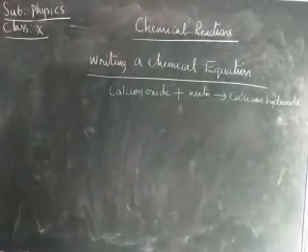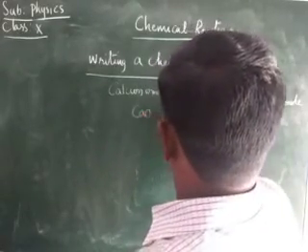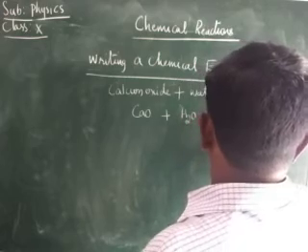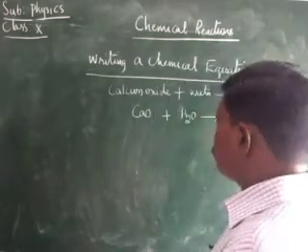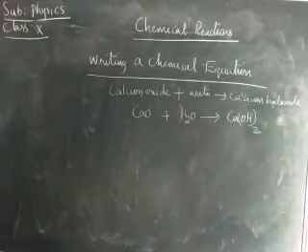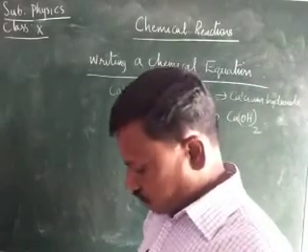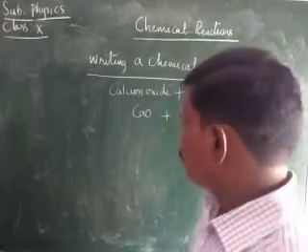Okay, children. Therefore, here symbolically we write CaO, quicklime, reacting with water gives calcium hydroxide. CaO plus H2O gives rise to Ca(OH)2.